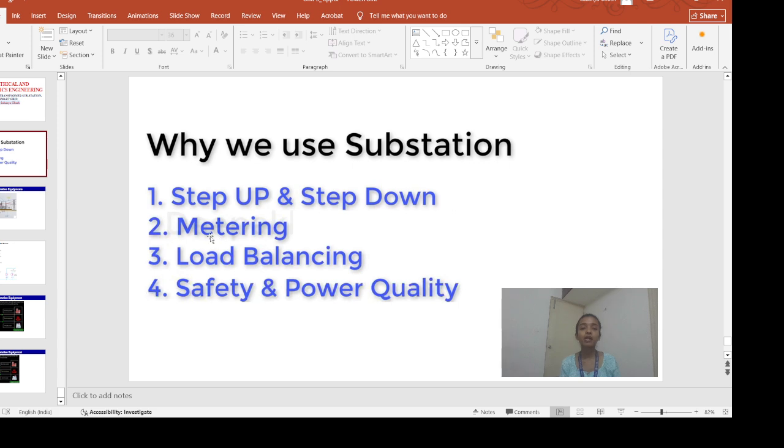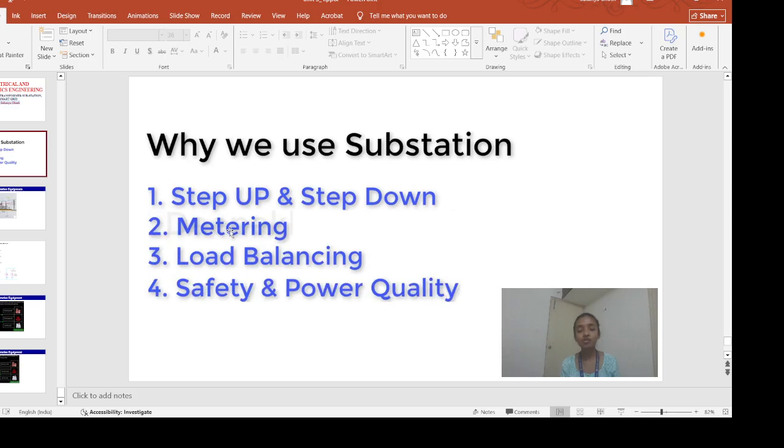What is metering? I have already told that electricity is generated in the generating stations. Let's say Tata, Adani, and Reliance are generating the electricity and they give that electricity to the power grid and national grid. This generated electricity can be generated by private companies, and the transmission lines belong to the government.